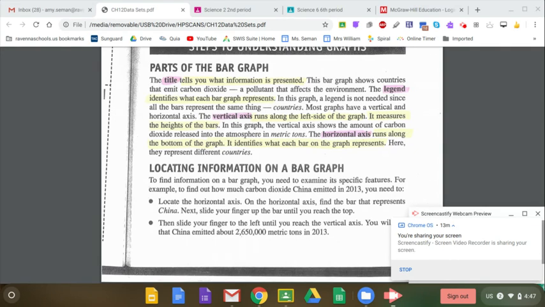On the horizontal axis, find the bar that represents China. Next, slide your finger up the bar until you reach the top. Then, slide your finger to the left until you reach the vertical axis. You will see that China emits about 2,650,000 metric tons in 2013.